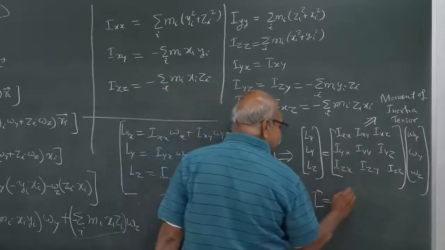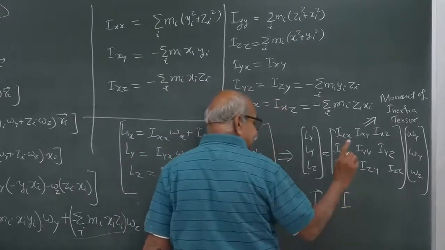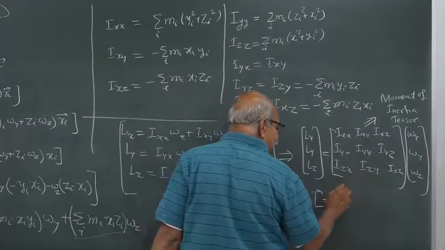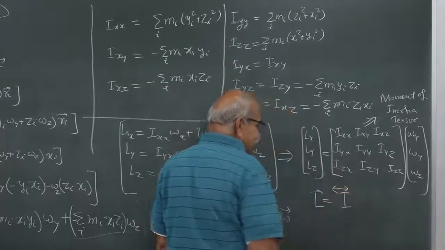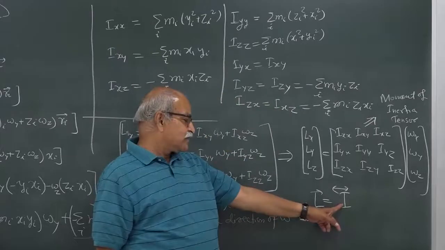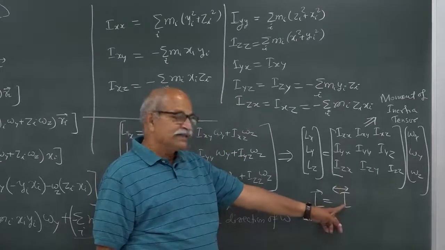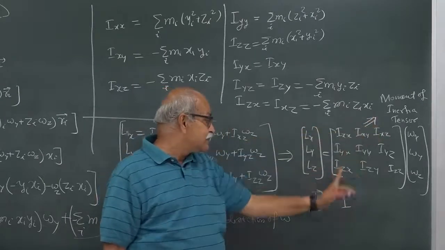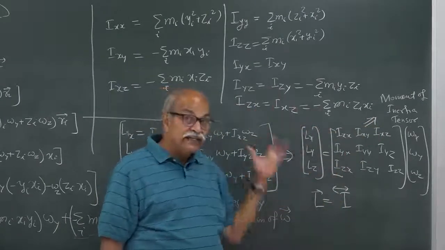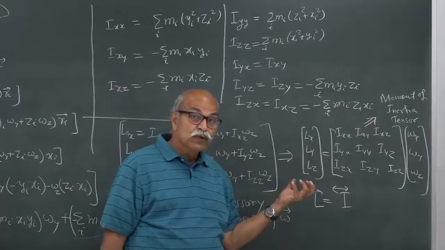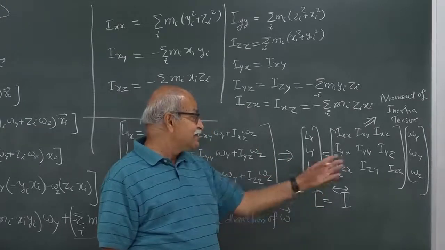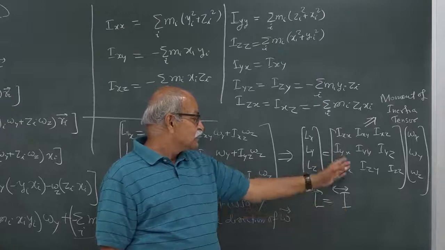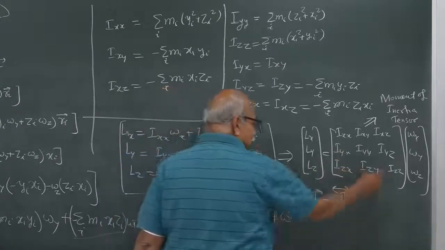This quantity, not a very standard symbol, but people sometimes use it with a double arrow, saying that this is not a scalar quantity, it is not a vector quantity as such, it is a tensor of rank 2. It needs 9 components, 3 to the power 2 components, and it is known as tensor of rank 2. That is this moment of inertia, and then this is omega.